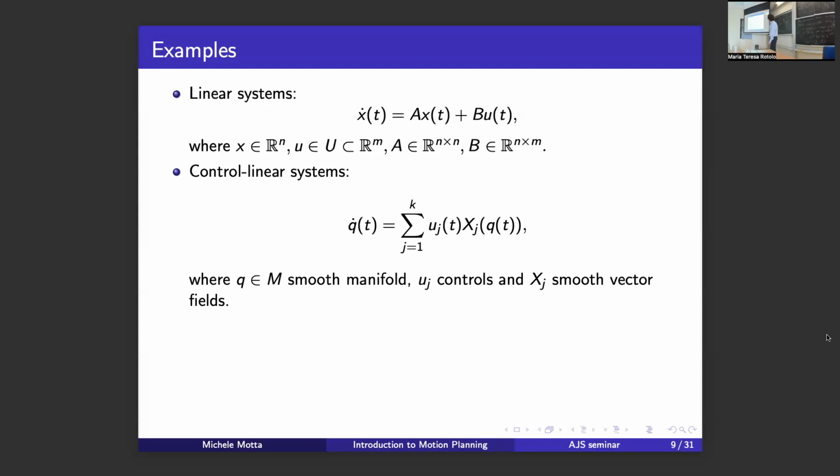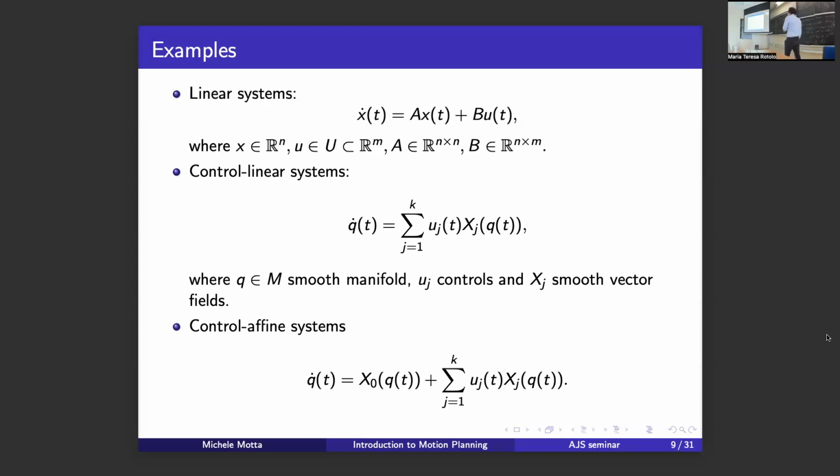So the velocity of your system is a linear combination of some admissible directions along which you can move with your system. For instance, if you choose every control equal to 0, and just the first one equal to u1, this corresponds to moving along the flow line of the first vector field. And of course, you can mix up and choose the vector fields and so on.